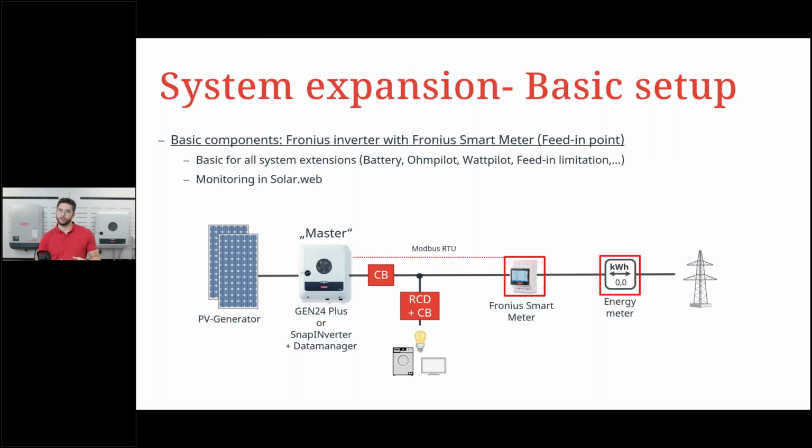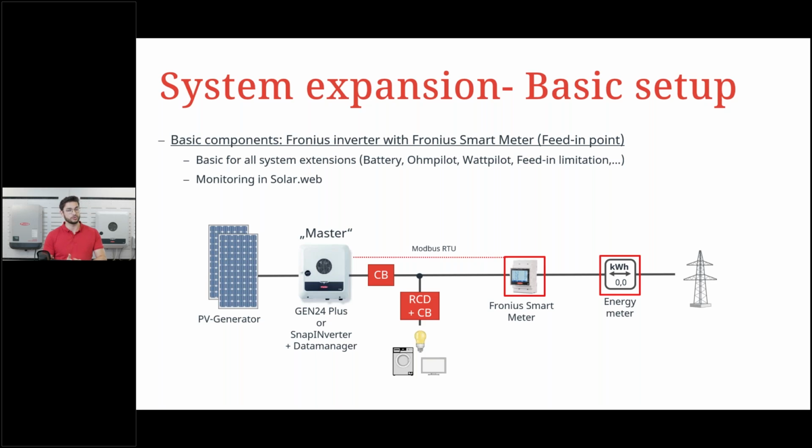All right, so the basic setup for the system that we talk about today is always an inverter with a Fronius Smart Meter. The reason for that is it is the future-proof version for all the components that you might need to add later on. Because the smart meter at the feed-in point and a Gen24 or a SnapInverter with the built-in Data Manager card gives you the possibility to connect to the internet and have a cool system visualization online on SolarWeb.